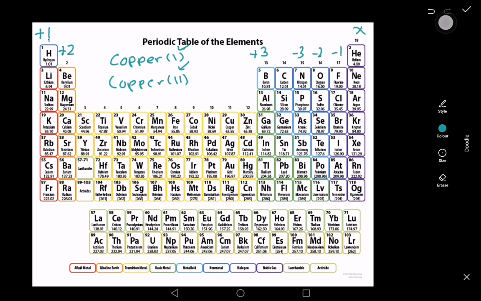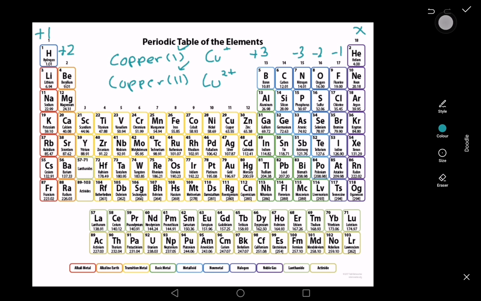If it is copper 1, that means it's Cu plus. Copper 2, Cu2 plus. Same for the others: mercury 1 means the charge is positive 1, mercury 2 the charge is positive 2, lead 2 means the charge is 2 plus.